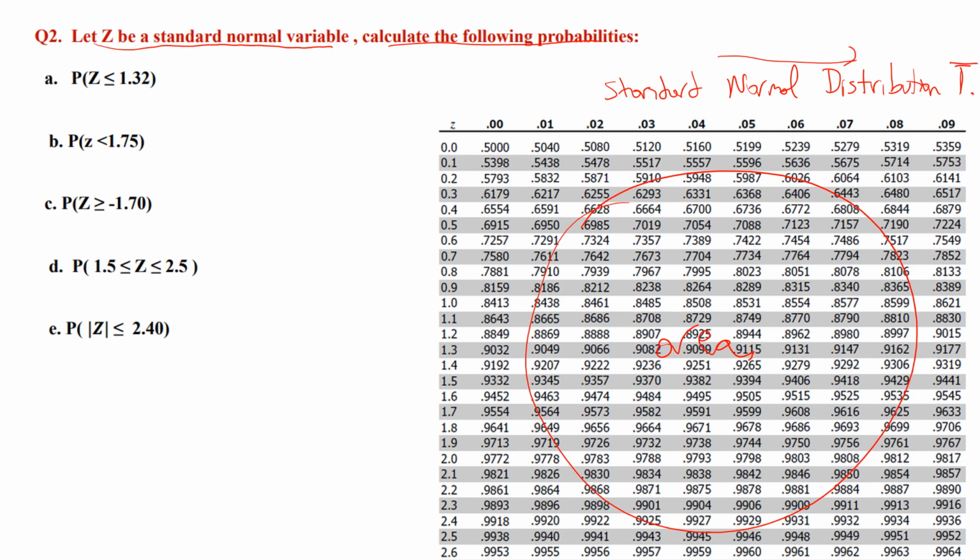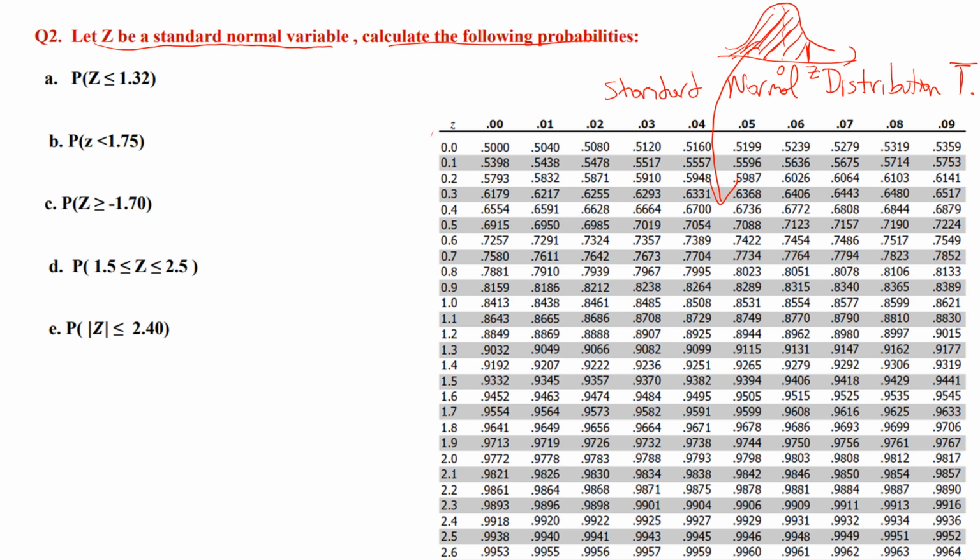Okay, so this is the normal distribution, and let's say this is z. Here we have positive values, so I will put z here for the positive values, little z. This area here is the area to the left of z. All these numbers are showing the area to the left of z.